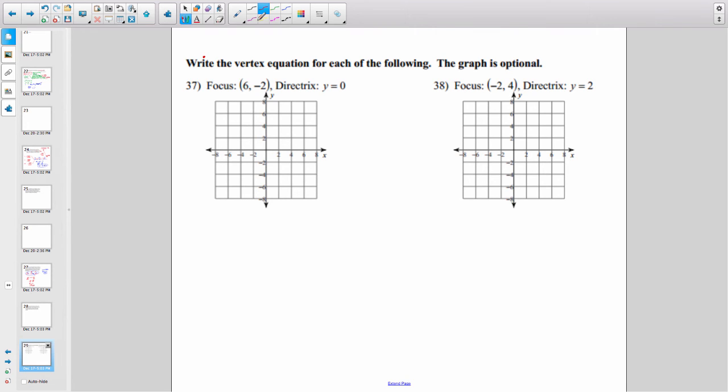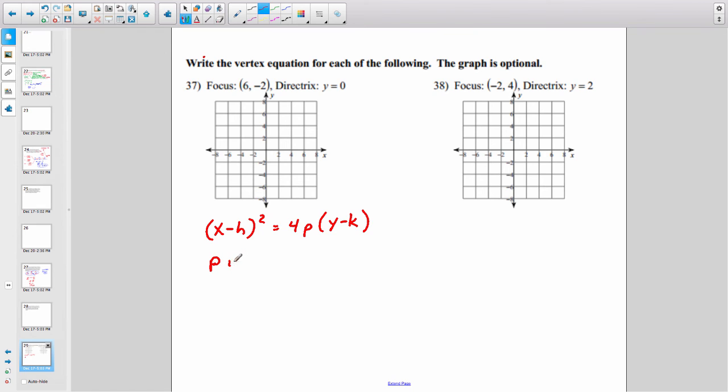Writing the vertex form of an equation, it was going to look like this, right? You're going to have (x minus h) squared equals 4 times p times (y minus k). So p is going to be the distance from the vertex to the directrix or the vertex to the focus.